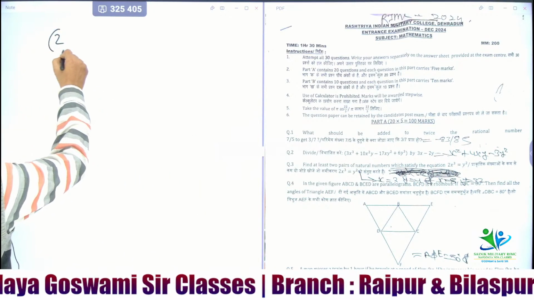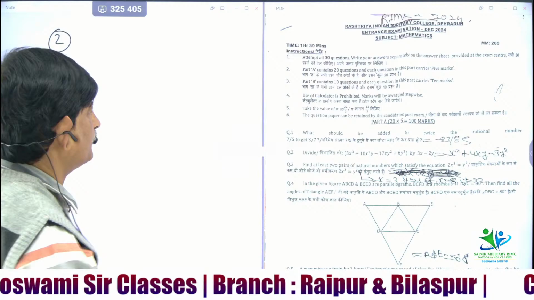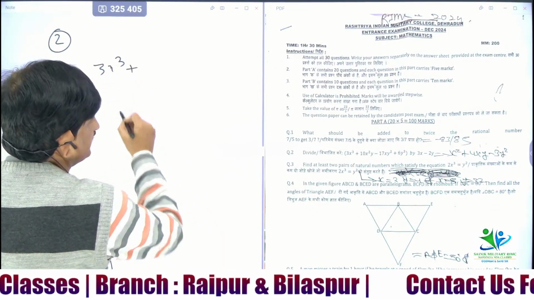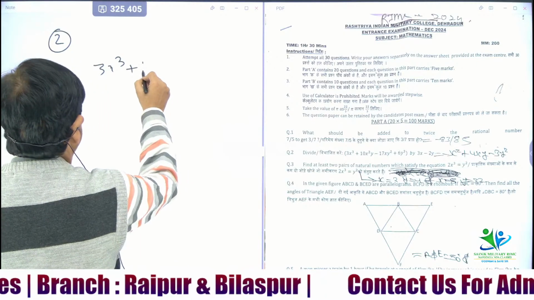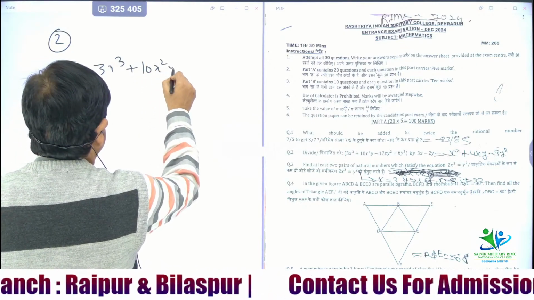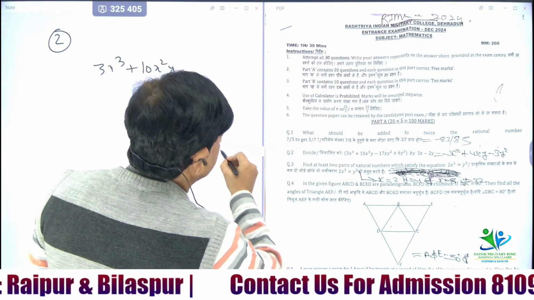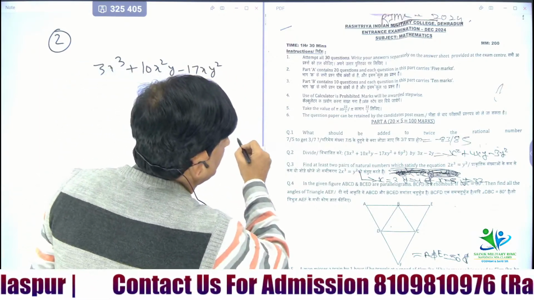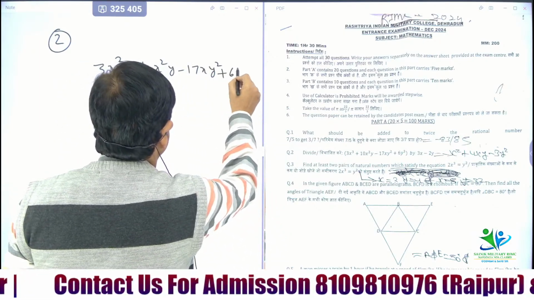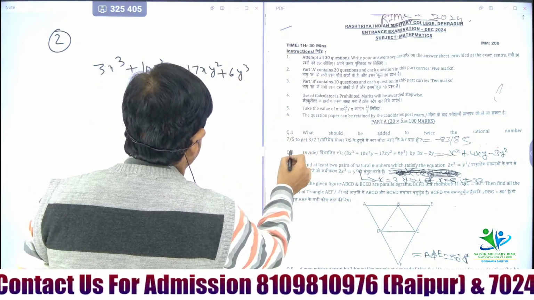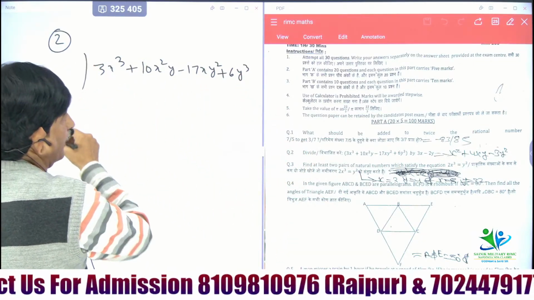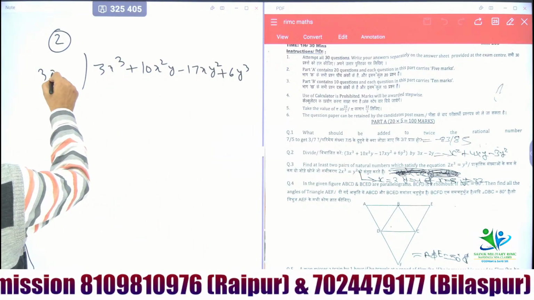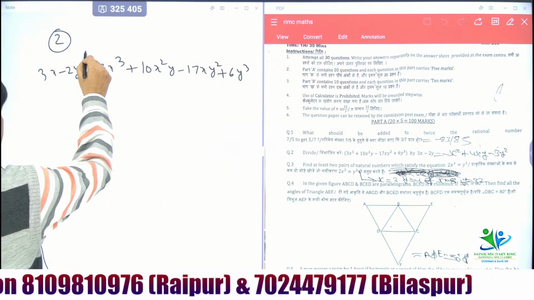You have to divide 3x cube plus 10x square y minus 17xy square and plus 6y cube by 3x minus 2y.